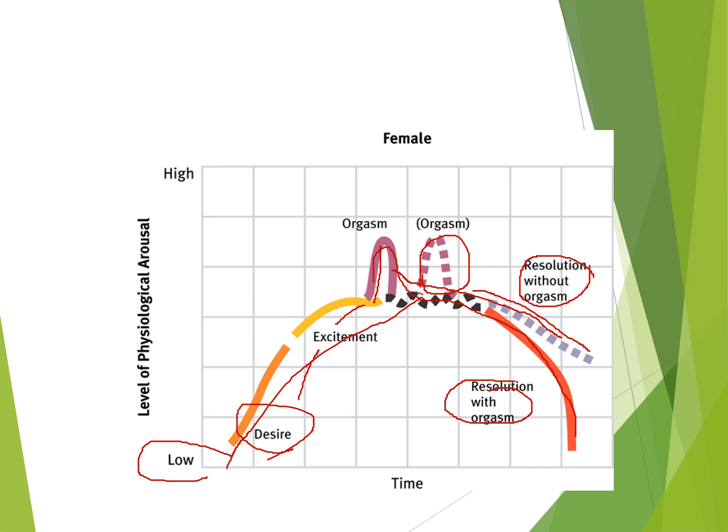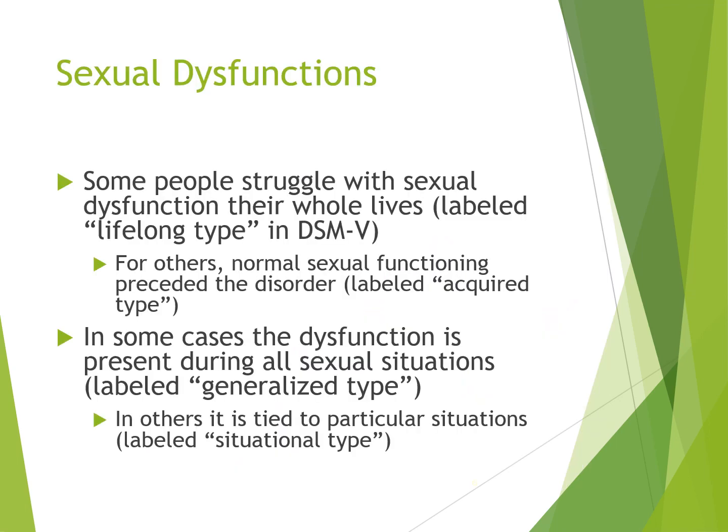Now we want to start looking at these dysfunctions, and if you go to the DSM-5, it labels them as lifelong types. So we want to look at various types of these dysfunctions, and as I said earlier, they are based on these phases of human sexual response.